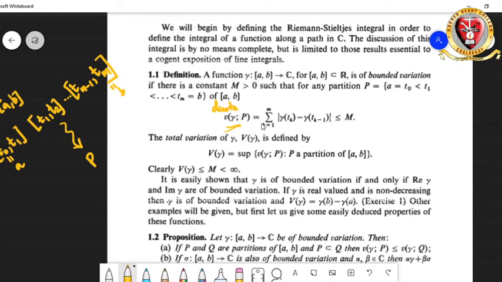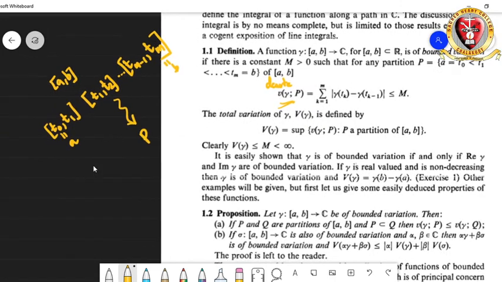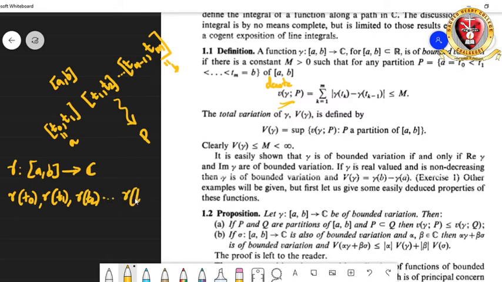It is the summation k equals 1 to m of |gamma(tk) minus gamma(tk-1)|. We have these partitions, and we know gamma maps from the closed interval [a, b] to C, so gamma(t0), gamma(t1), gamma(t2), etc., gamma(tm-1), gamma(tm) are all well defined. So we can calculate them, and they lie inside the complex plane.